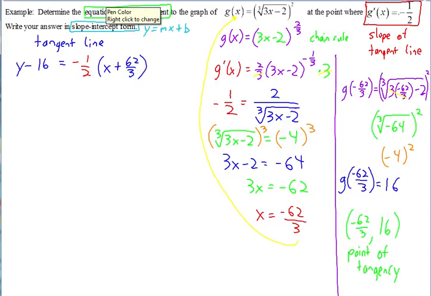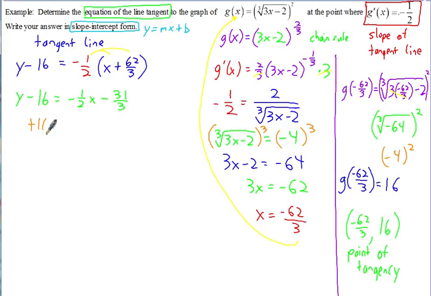If it didn't specify the form, we could stop right there, just apply the tangent. But because we wanted the slope-intercept form, first you can get rid of the parentheses by distributing out the negative 1/2. You get y minus 16 equals negative 1/2 x. You distribute that, it's negative, 2 goes into 62 31 times, so 31 over 3. And then to get in slope-intercept form, we want the y by itself.